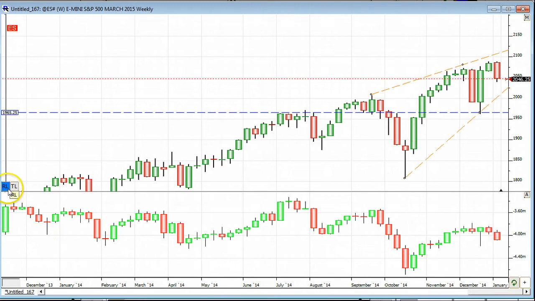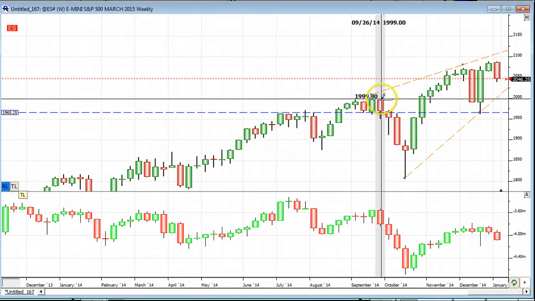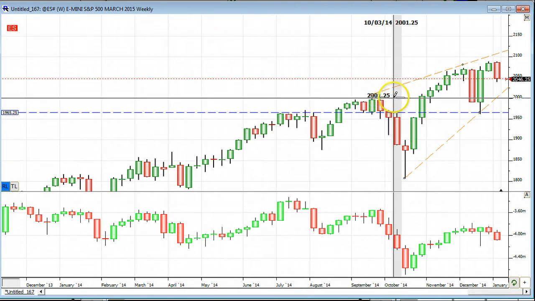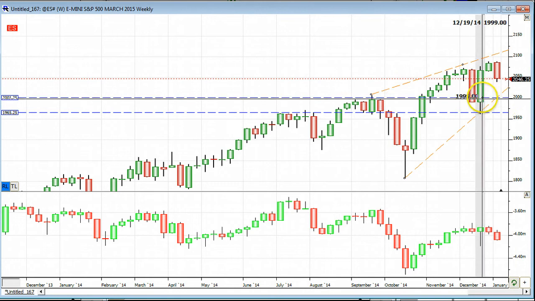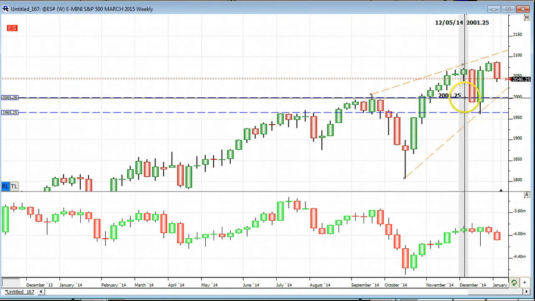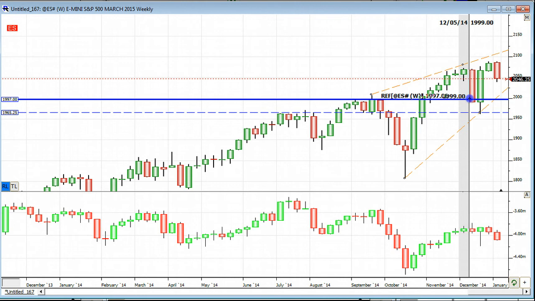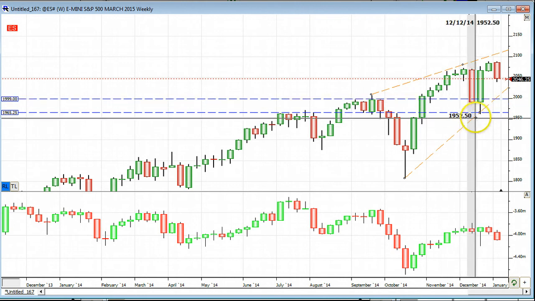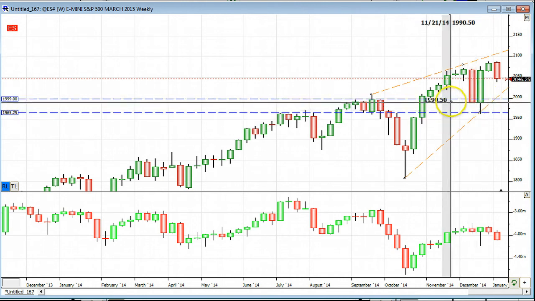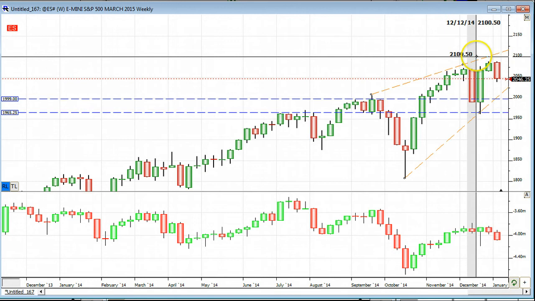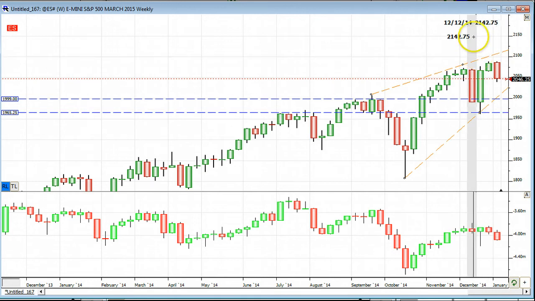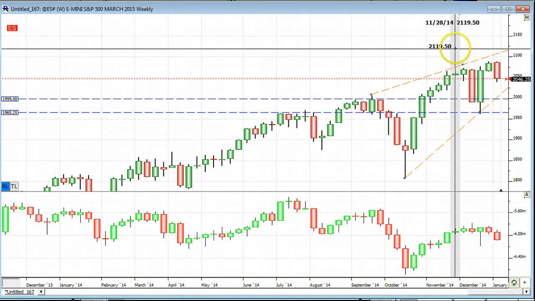So again, for anything bearish to happen, we need to have price exiting clearly out of the range of 2000 to 1965, and on the upside 2100 to 2110 is resistance now.